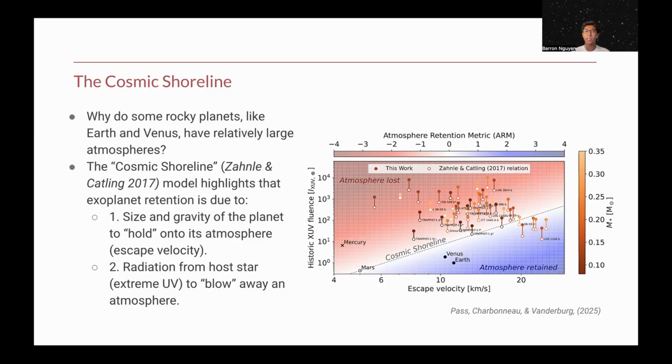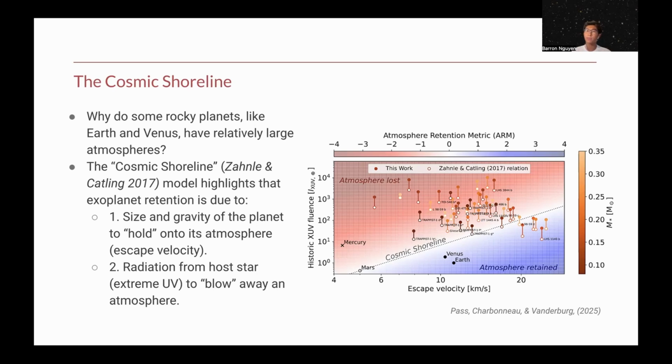This graph by Paz, Charbonneau, and Vandenberg shows the cosmic shoreline graphed by Zahnle and Catling in 2017, and we can see other planets in blue, so Venus and Earth, and some exoplanets too. We can see LHS 1140b has its atmosphere retained because it's below that shoreline, where it has low enough XUV flux from the star, so not as much stellar irradiation, but also doesn't have as low of an escape velocity.